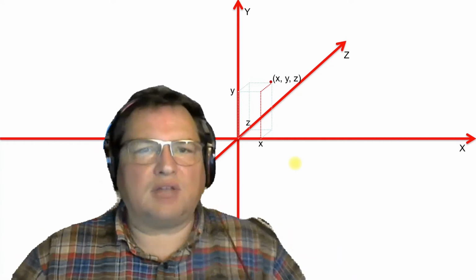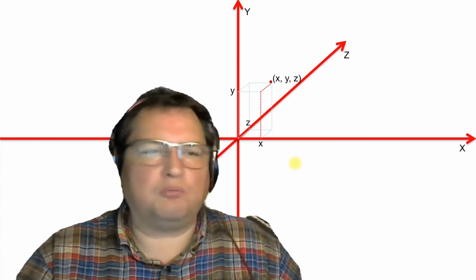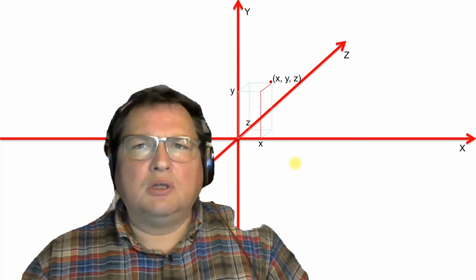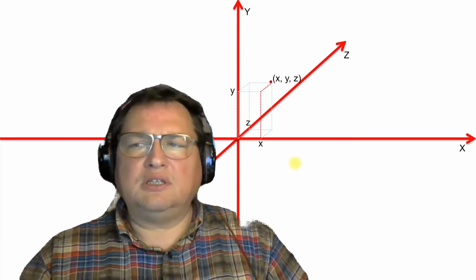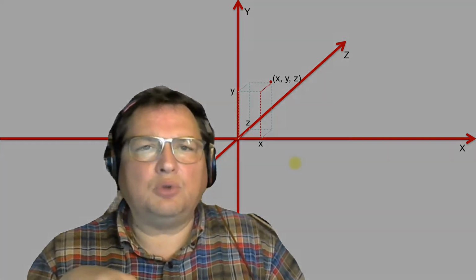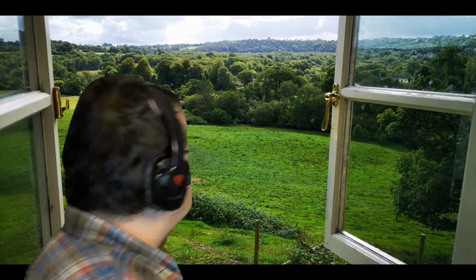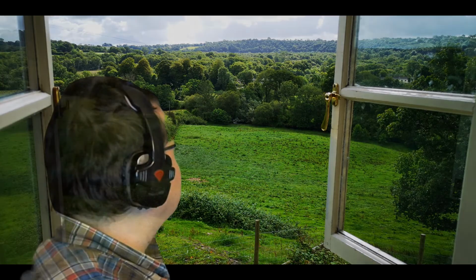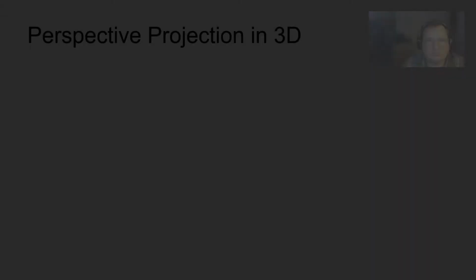And the screen doesn't have to have any more dimensions than just two. So actually, looking at a 3D scene through a two-dimensional screen is a little bit like looking at a beautiful world outside through a window. And this window is a metaphor of a computer screen.